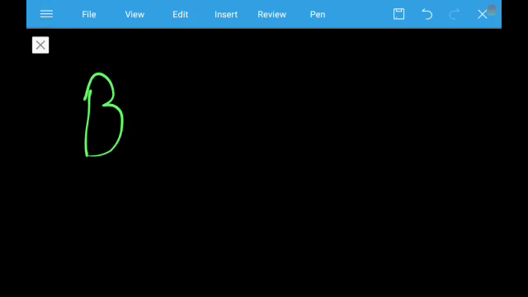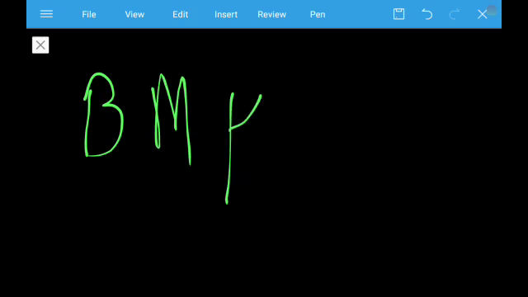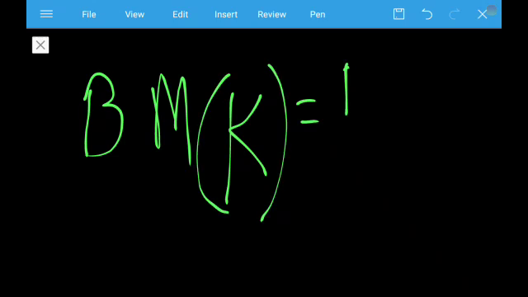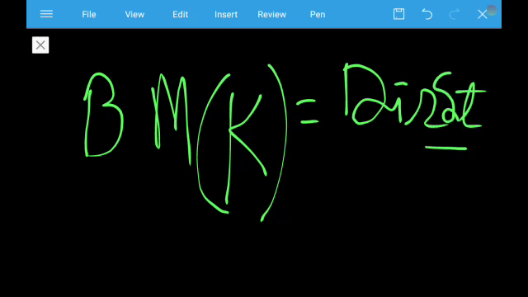Bulk modulus, represented by letter K. This is direct stress upon volumetric strain.